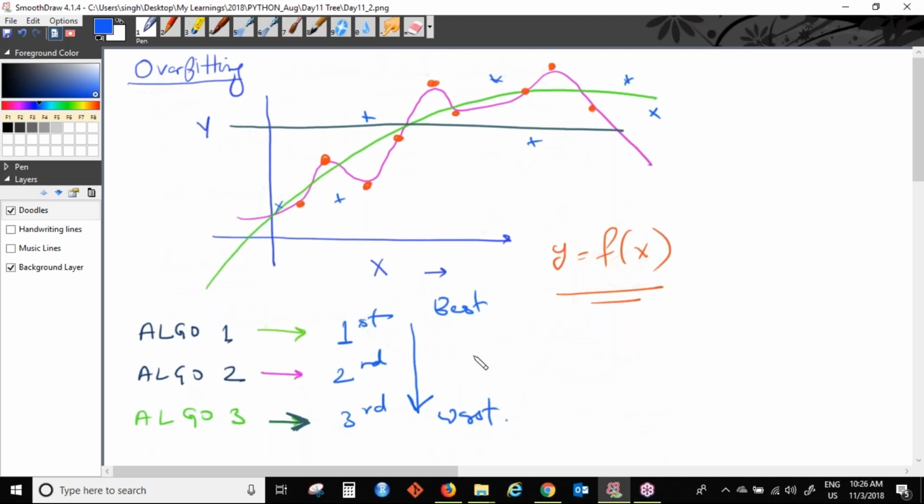The pink one is too complex. It is so complex that it will not generalize well on new data points, or on the test data. And on the test data is where we measure the accuracy of a model, not on the training data.